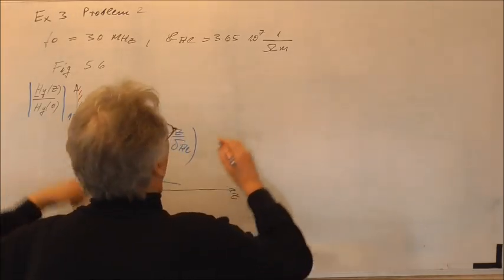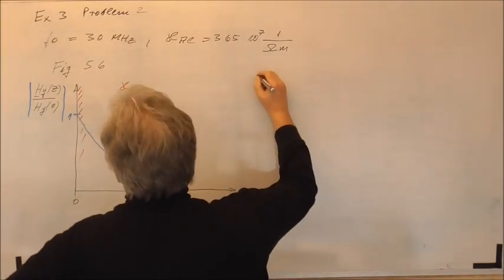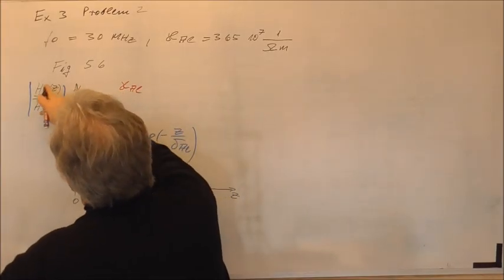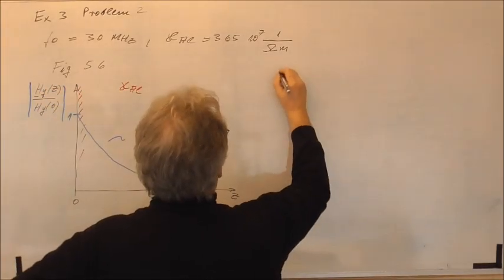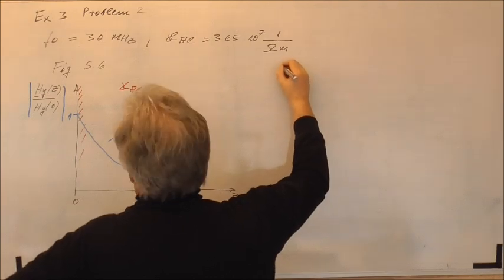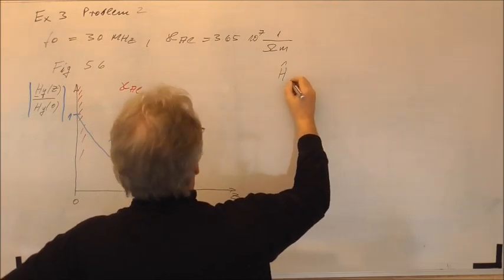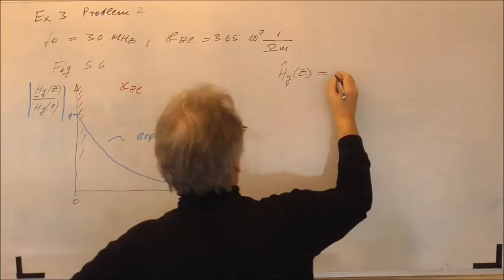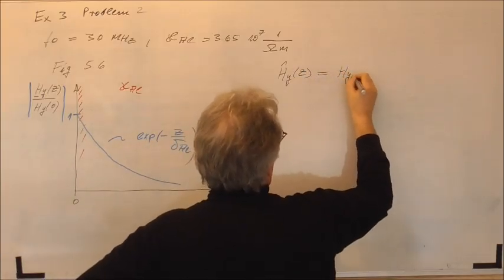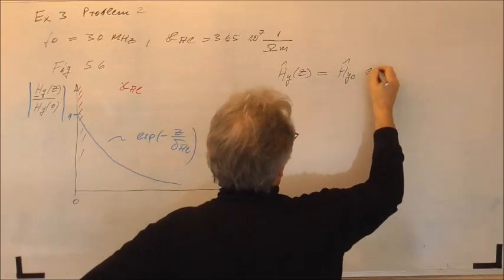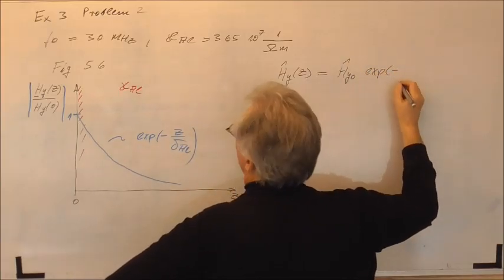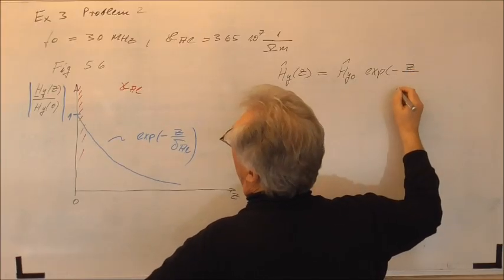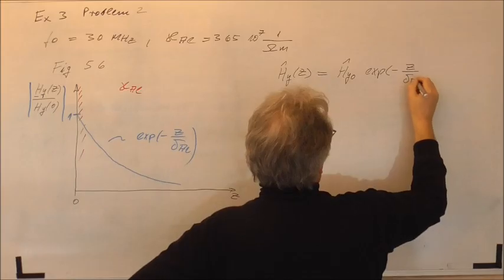From this we can say, but we are only interested in the amplitude, so if I take the absolute value of the phasor, then we come to the amplitude. So the amplitude of the magnetic field of z will be equal to the amplitude H0 on the surface times the exponential function of minus z over delta RL.